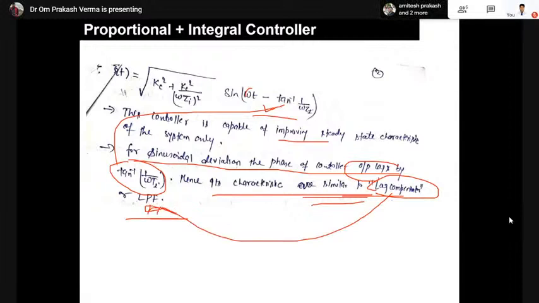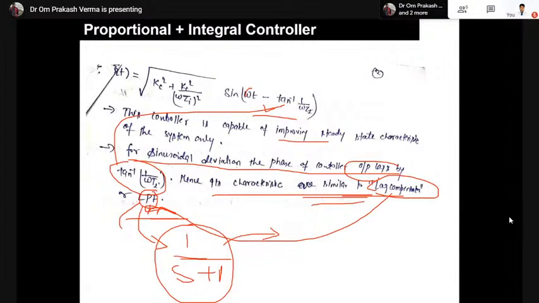Do you know what a low pass filter is? I think you have covered in network theory the meaning of low pass filter, high pass filter, and the characteristics of an all pass filter, right? So I'm not going to cover that part, but suppose 1 upon s plus 1 is here. If anyone asks you whether the transfer function is low pass, high pass or all pass, just put s equal to the complex frequency j omega, so j omega plus 1.